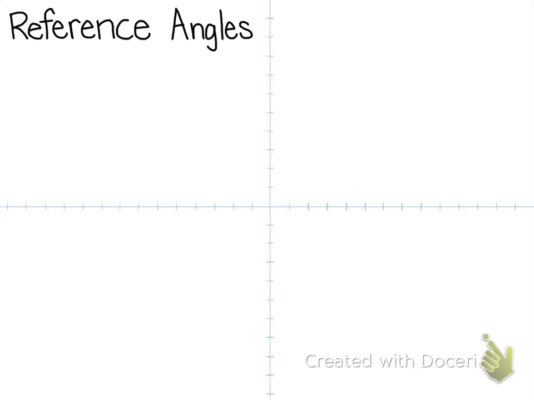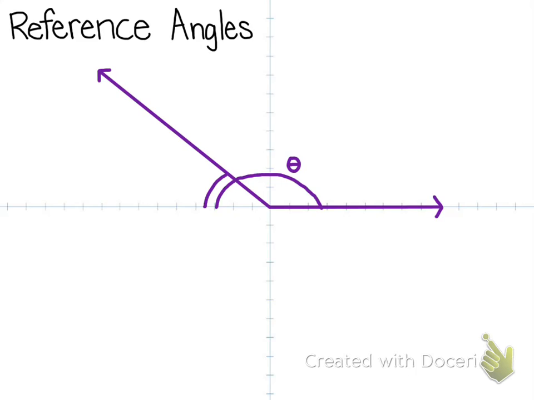For example, if I have an angle that falls in quadrant 2, this is going to be an obtuse angle bigger than 90 degrees. I may not have this angle memorized. So what I can do is look at the angle that falls from the terminal side down to the x-axis. This is called a reference angle. It's always going to be an acute angle to the x-axis.